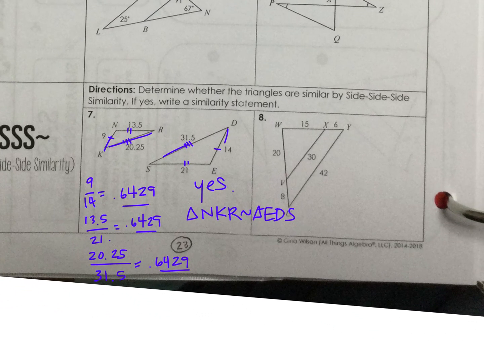Then we're going to look at number 8 and decide if it is also a side, side, side. I'm going to get that out of my way. All right, this is that same thing where I have two triangles. I have my big outside triangle, and then I have my little inside triangle.